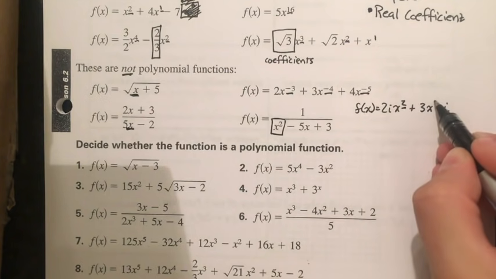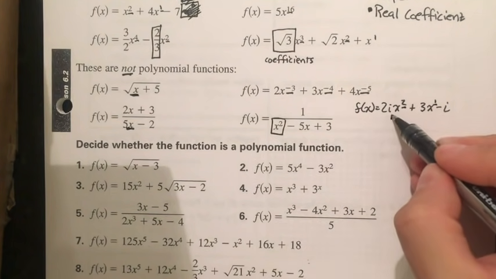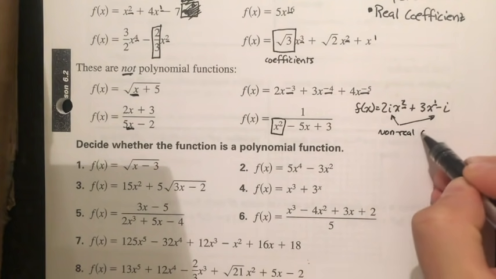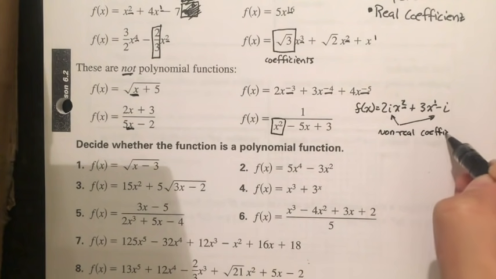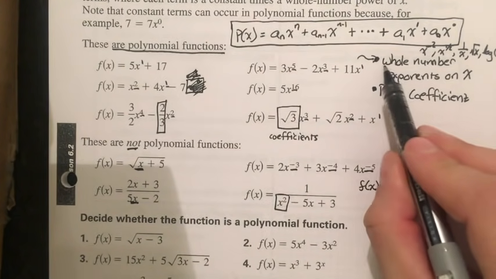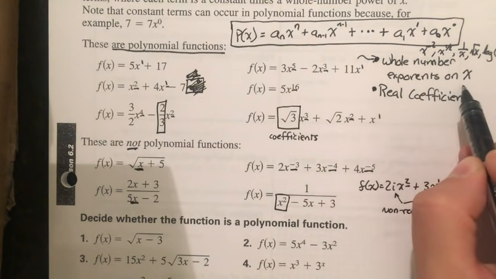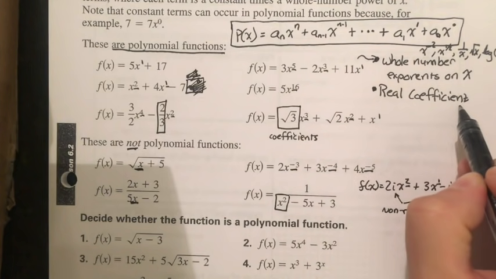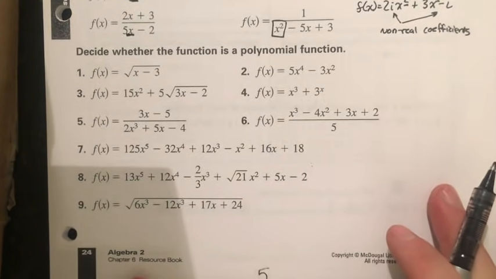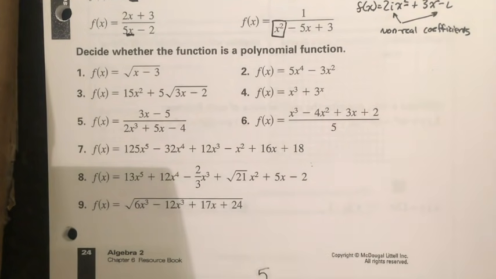Even though the exponents are whole numbers, we have non-real coefficients. So anytime anyone asks you, is this a polynomial? Two questions. Whole number exponents on x, real coefficients. If yes, polynomial. If not, no. So given that information, I'll give you a second to try to fill out questions 1 through 9. If you want to pause the video, go for it, and I'll pick up in a minute.